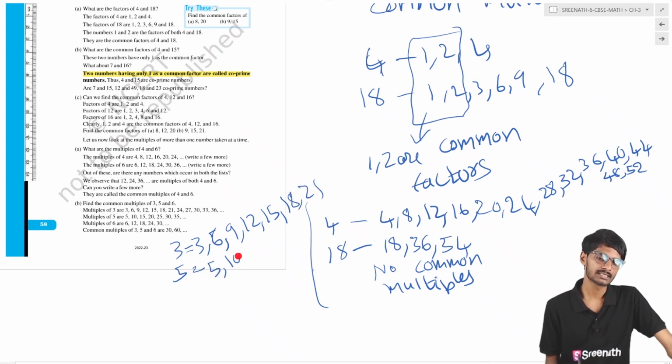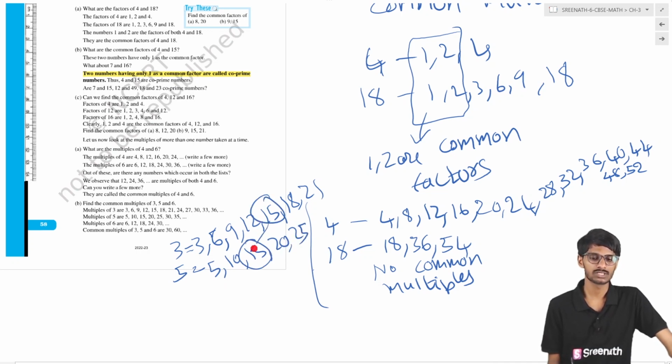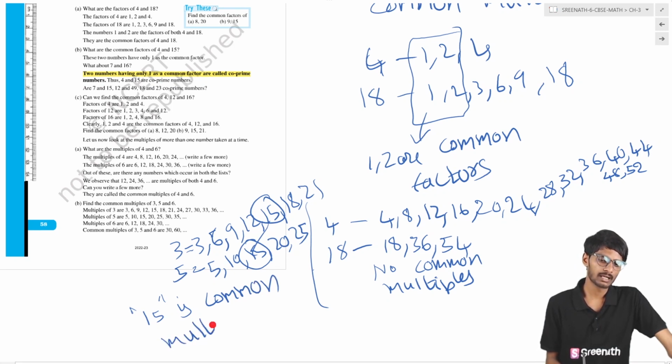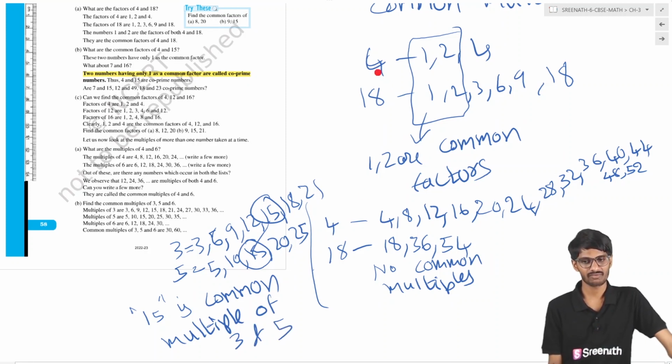That is 5, 10, 15, 20, 25, like that. If you see, 15 is common in both of these. So we call 15 a common multiple of 3 and 5. Here 1 and 2 are the common factors of 4 and 18, and here 15 is the common multiple of 3 and 5.